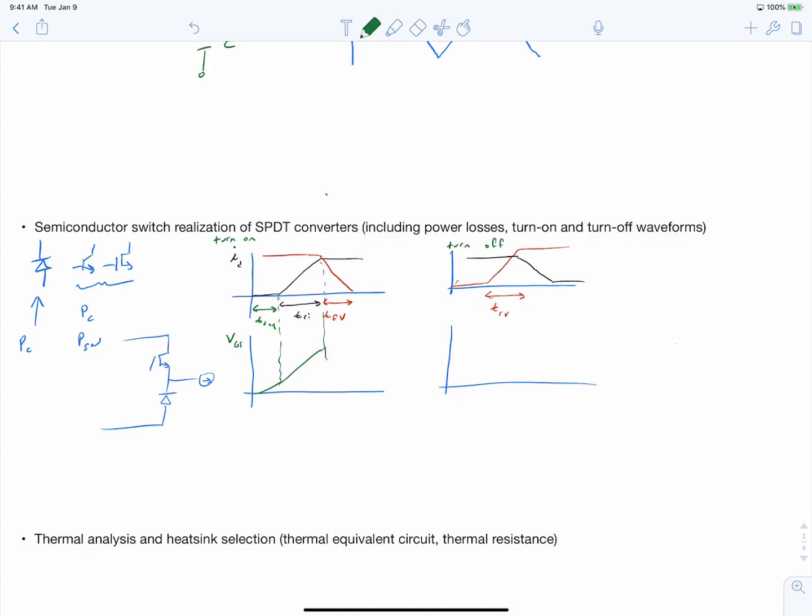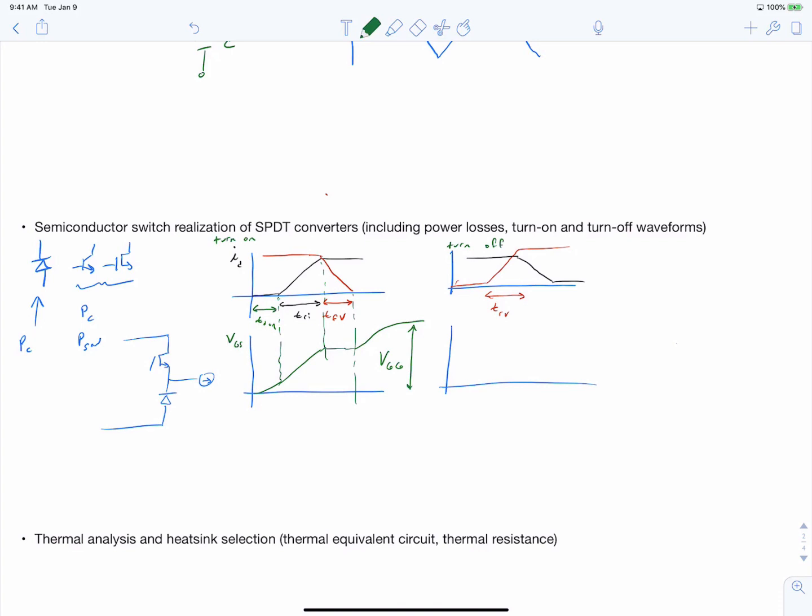And now at this point, our gate source voltage became pinned at the nominal current until our drain source voltage was able to collapse. And then our gate source voltage rose the rest of the way to the value that our MOSFET gate driver applied. Our MOSFET gate driver was applying a gate source voltage of VGG.